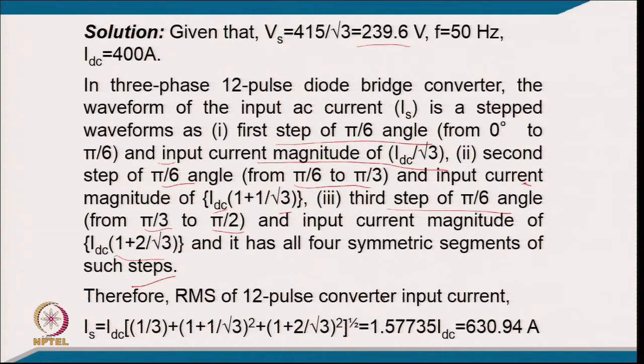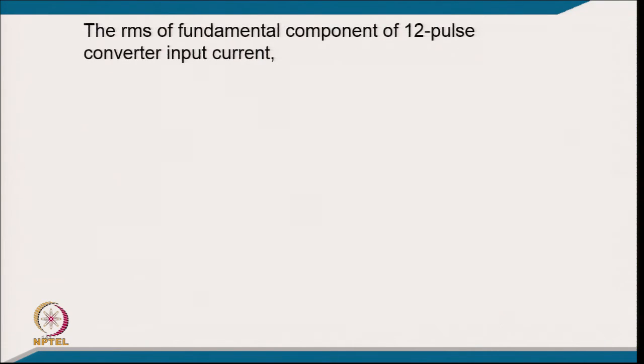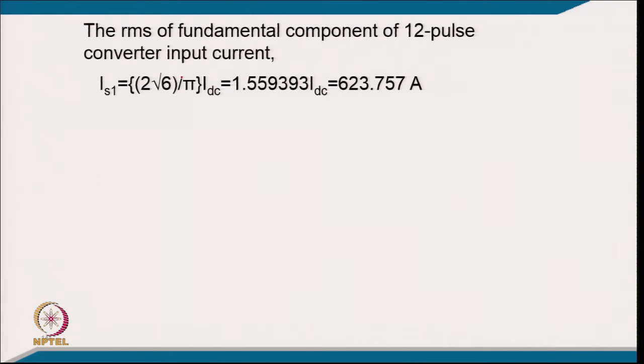Therefore, the RMS current of the 12 pulse converter input current will be IS, that is IDC, taking the RMS of all the 3 segments which we already mentioned, it comes like 1.557 IDC, and this comes to 630.94 ampere. The RMS of the fundamental current of the 12 pulse converter input is IS1 equal to 2 into root 6 by pi IDC.